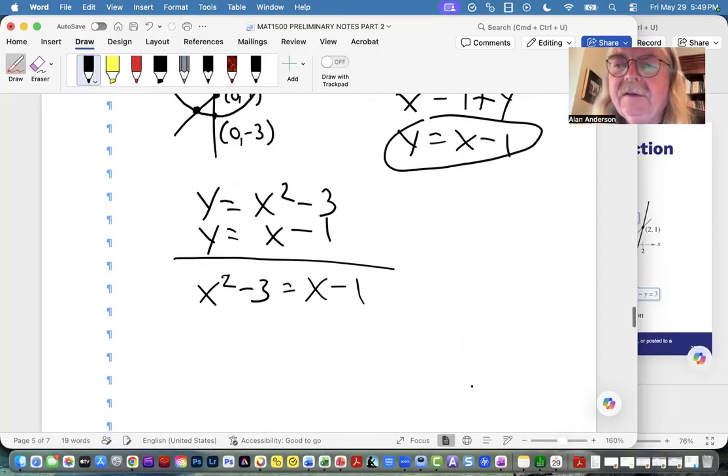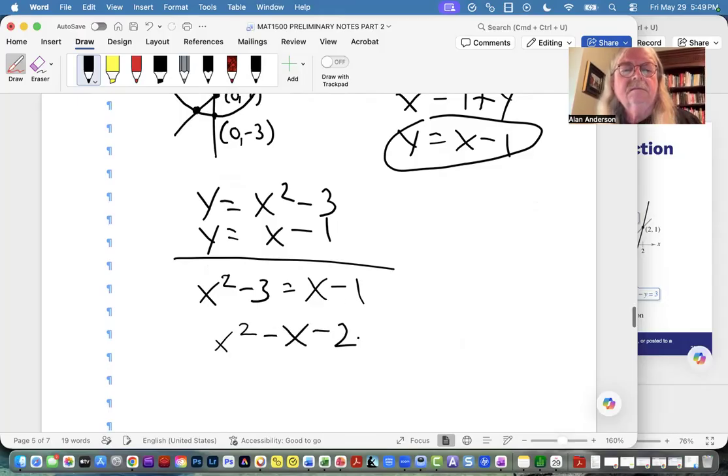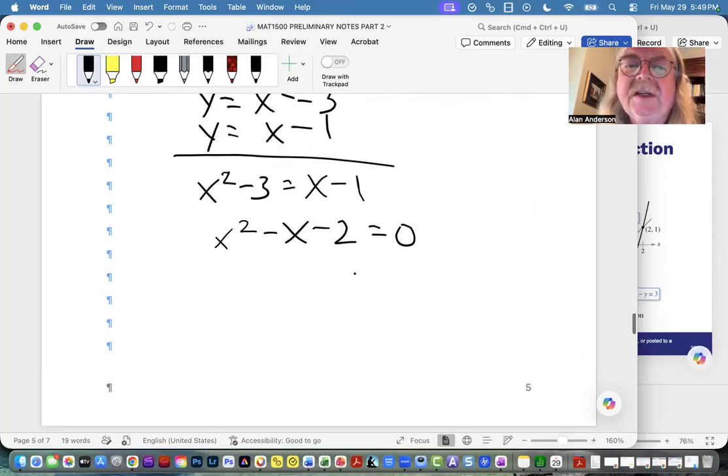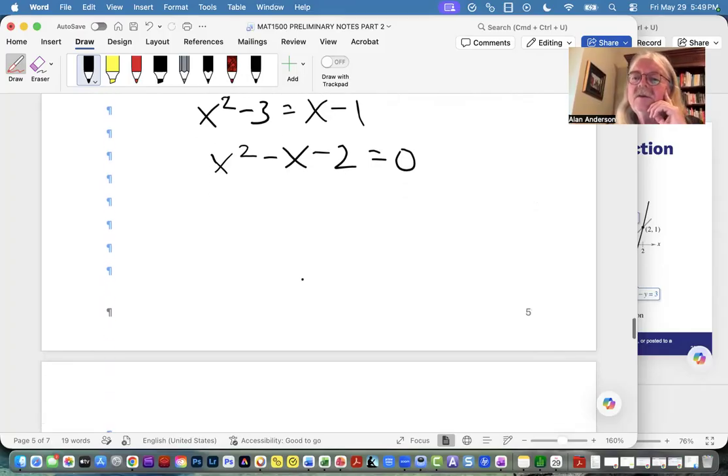Now we're going to get everything onto the left-hand side. And we see that we have a quadratic equation here. Now, you can do one of two things here. You can factor it, or you can use our old friend, the quadratic formula. Just in case it's been a while, why don't we practice with the quadratic formula?